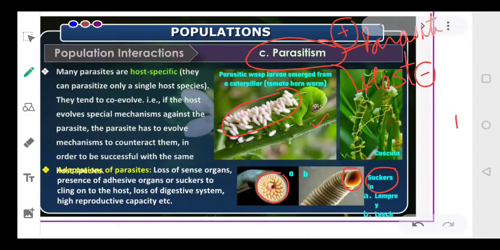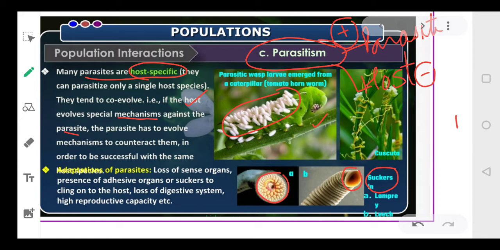Now, in several cases, it has also been observed that many parasites are host specific, meaning they only parasitize a single host species, and both of them evolve together. Evolving together means that if the host develops mechanisms so that the parasite cannot attach to its body or derive nutrition, the host can save itself from the parasite.